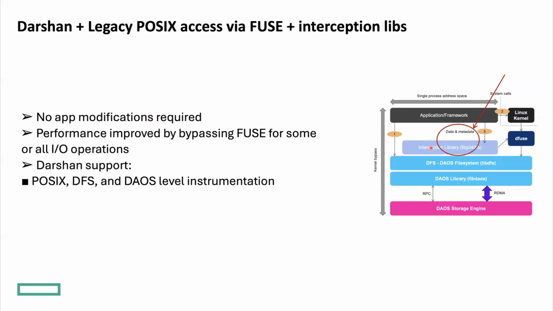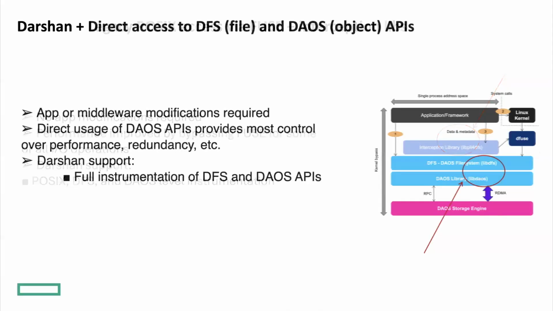In this mode, you still don't need any app modifications, and the performance is improved because both the data and metadata go through the interception library, and Darshan supports all the POSIX, DFS, and DAOS-level instrumentations. The third level of monitoring is when you're using the advanced-level APIs, libdfs or libdaos. Darshan can give you the full instrumentation, but this requires a little modification, of course, since we'll be using the DAOS APIs here.